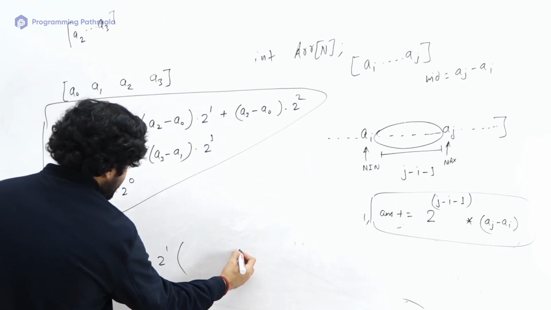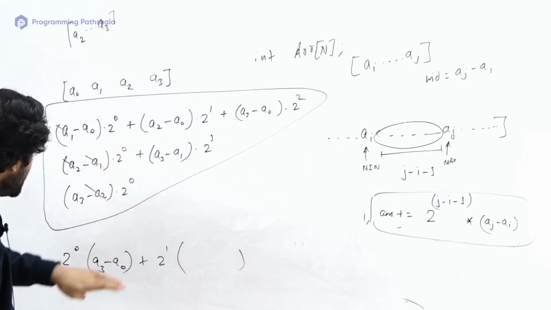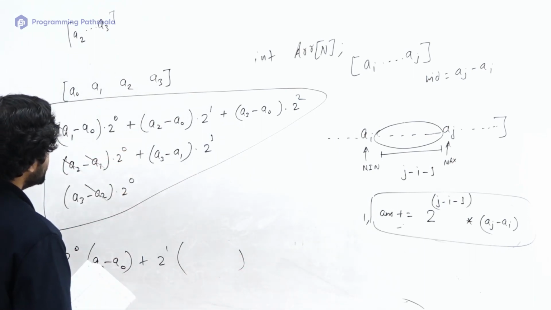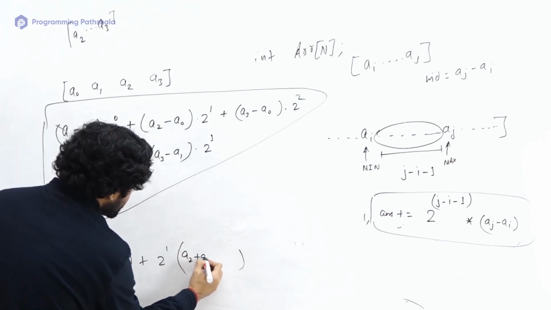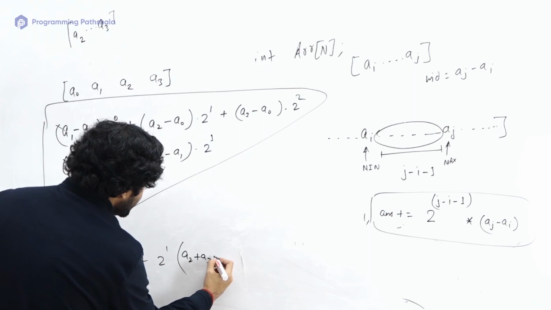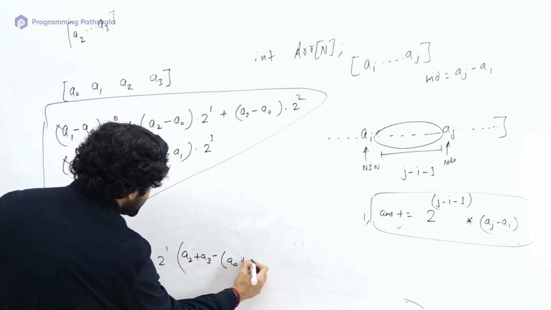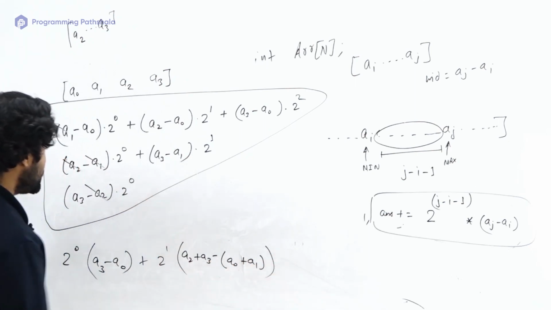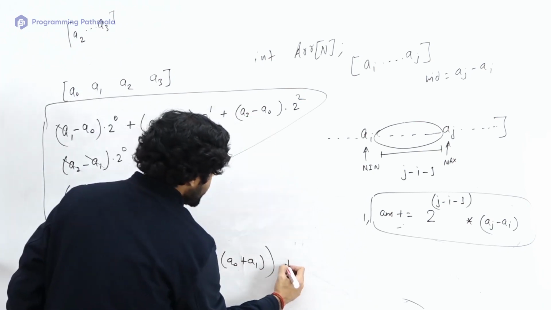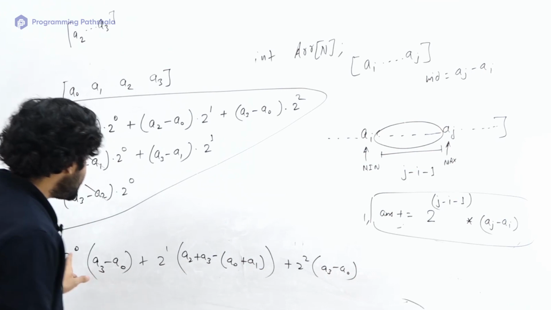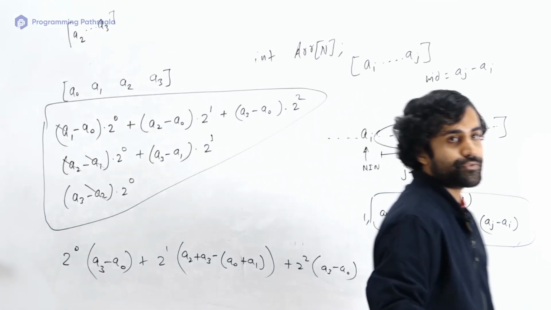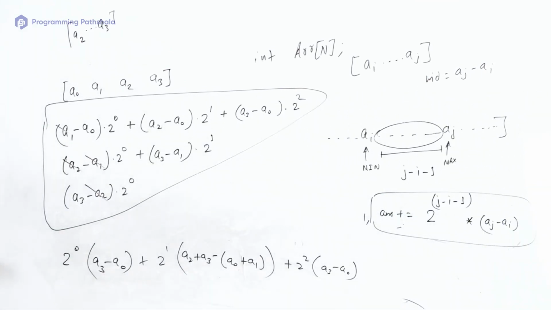Here nothing will cancel, but what you will get will be something like A2 plus A3 minus A0 plus A1. This is what you will get. And here 2 raised to power 2 is common. So what you will get will be A3 minus A0. So this is the simplified version of this triangular stuff that you are seeing on the board.